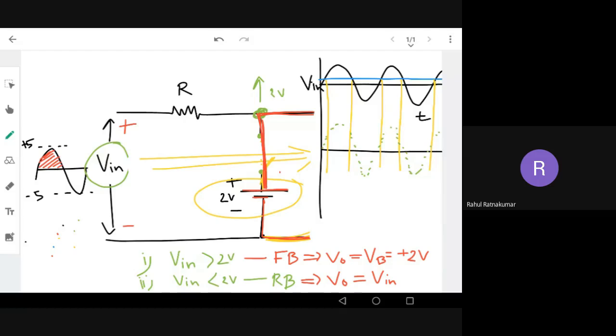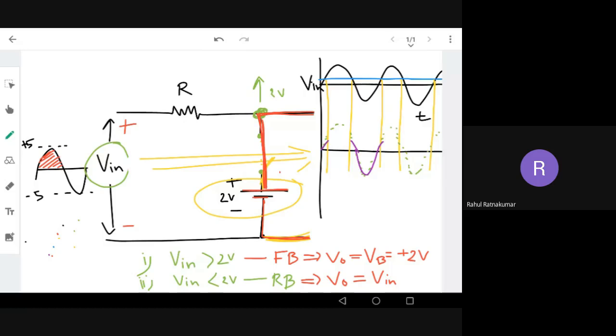Now we know that as input voltage is less than 2 volt, V output is V in. So in all those places where my input voltage is less than 2 volt, V out is equal to V in. You can see here, input voltage less than 2 volt, V in equals V out. Here also V in equals V out, and this comes exactly till here.